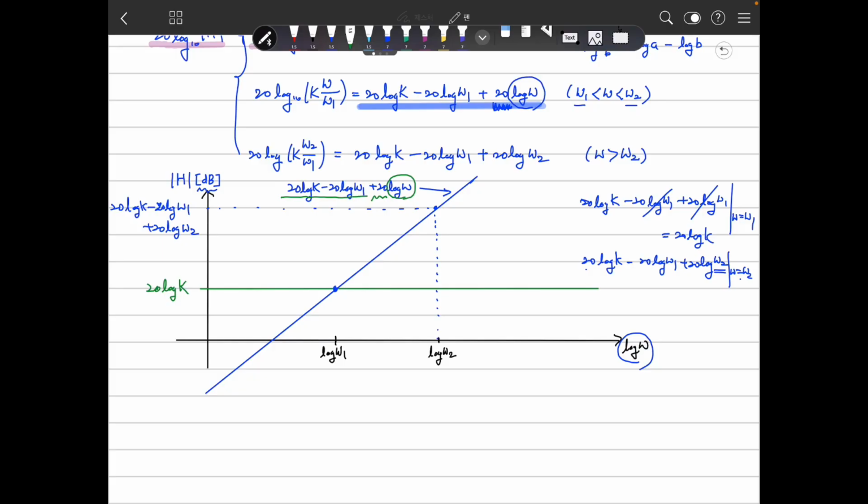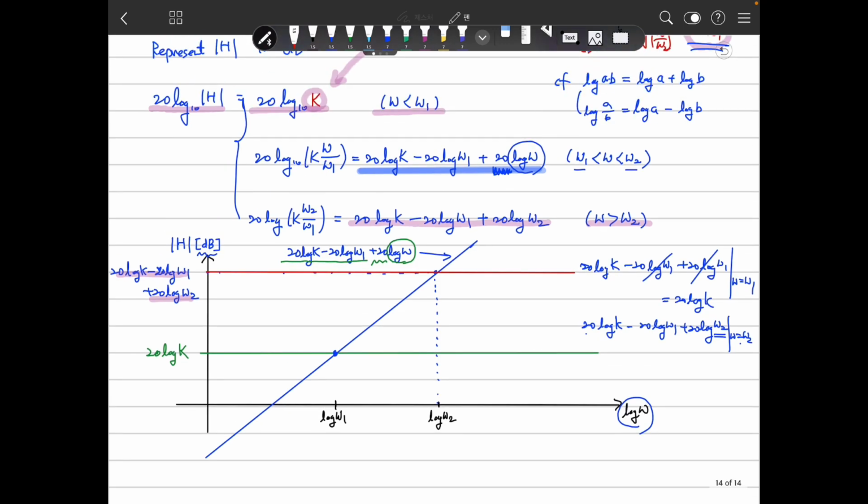And third, omega is larger than omega 2. Then it is 20 log K minus 20 log omega 1 plus 20 log omega 2, which is constant, the same value as over here.